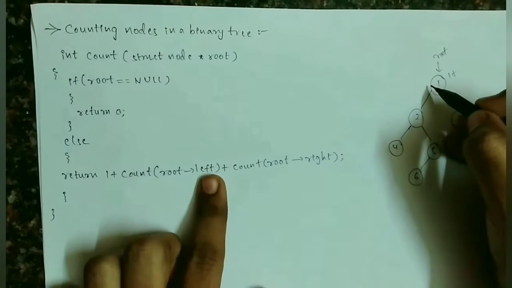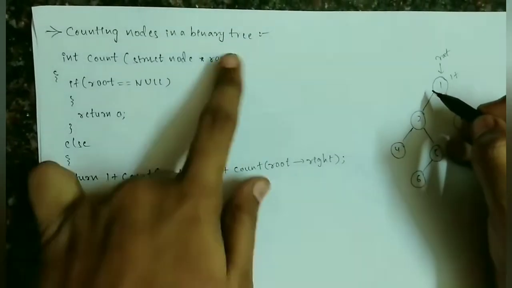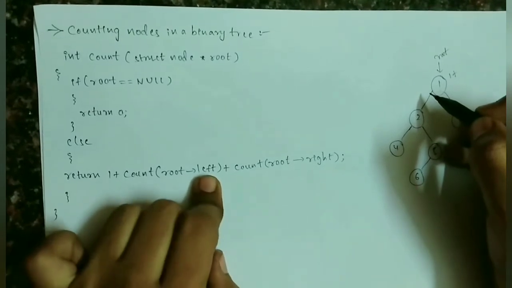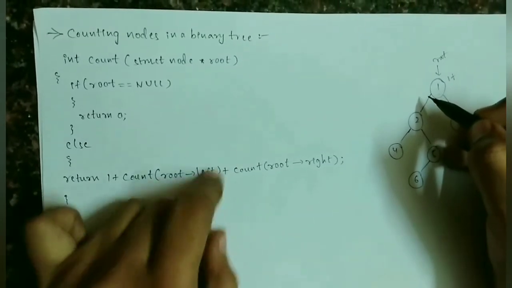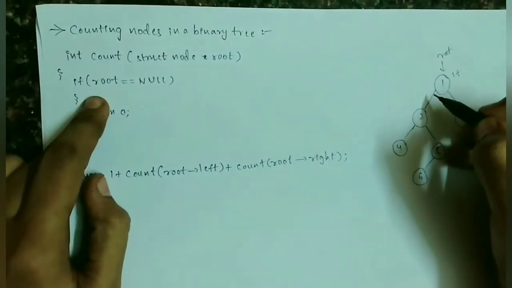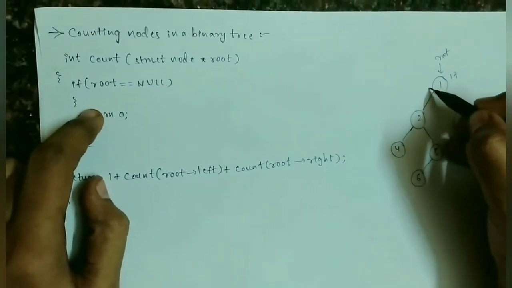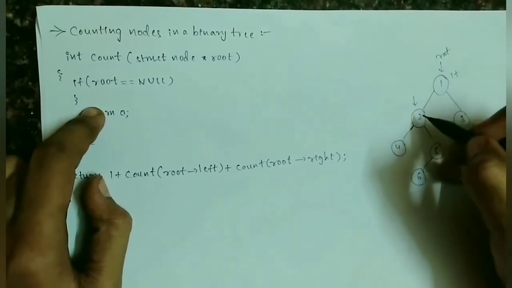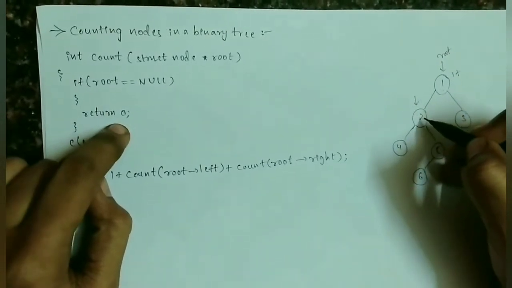Since we are using a recursive function, the pointer now points to the root of its left subtree, that is node 2.